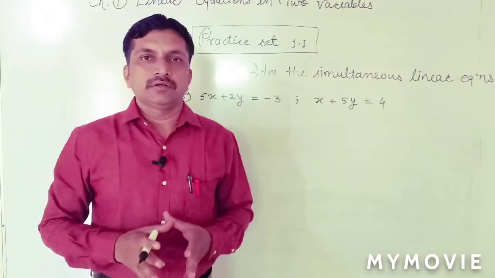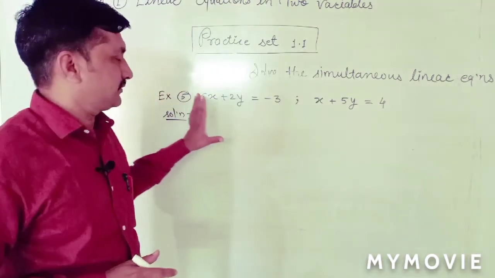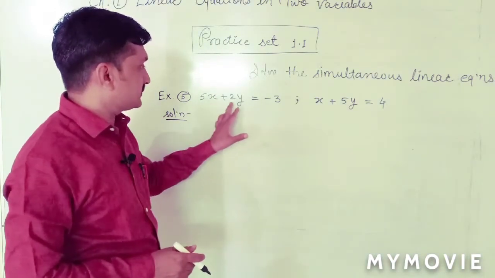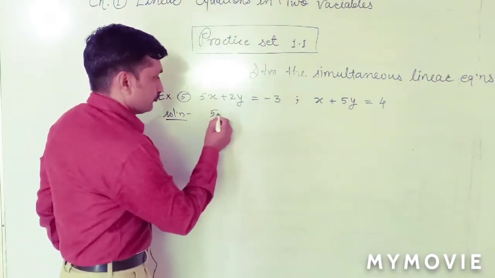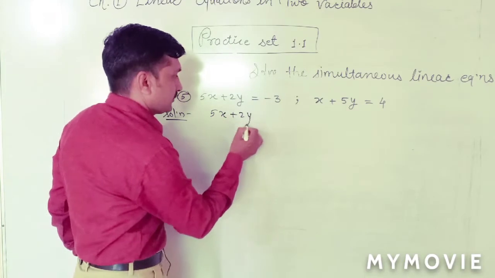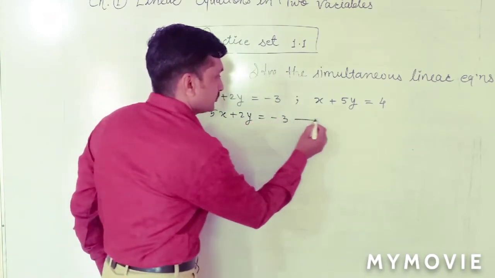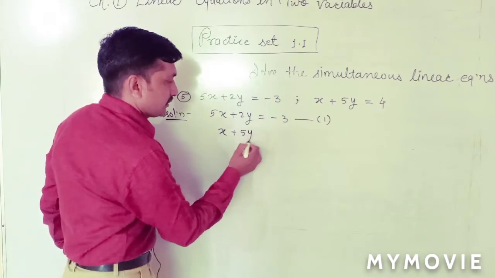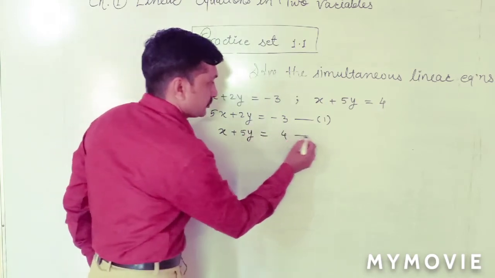Example number 5. In example number 5, variables are given x and y. 5x plus 2y is equal to minus 3, equation 1. x plus 5y is equal to 4, equation number 2.